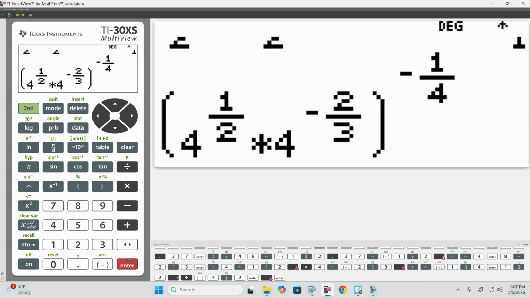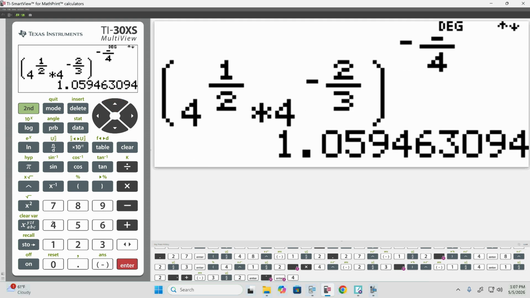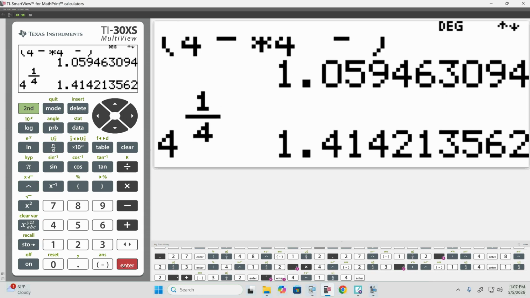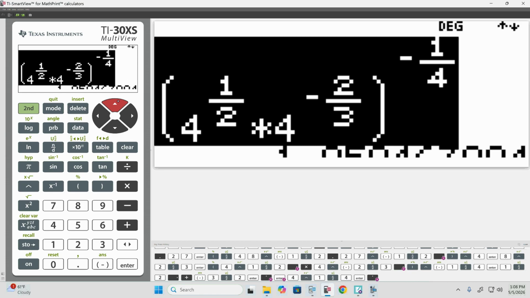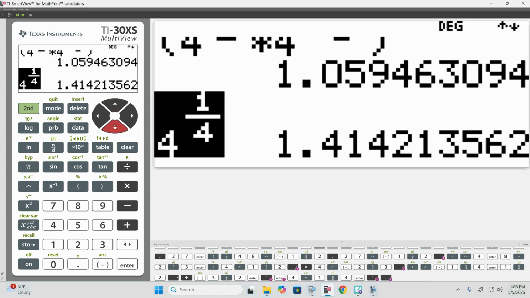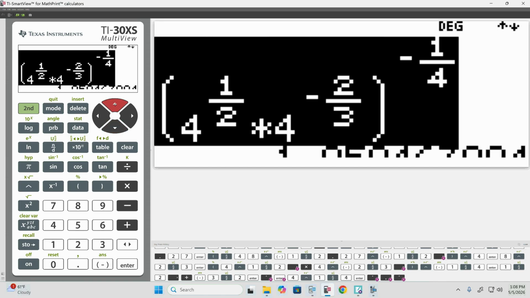Luckily for me, I do have it still entered here, and it gave us this. And if I check 4 to the 1/4, make sure I type that in. Yes.